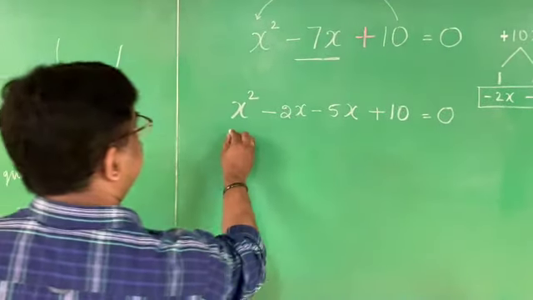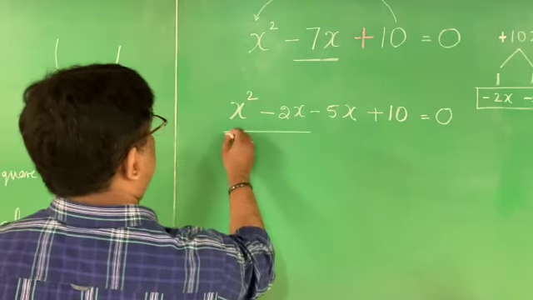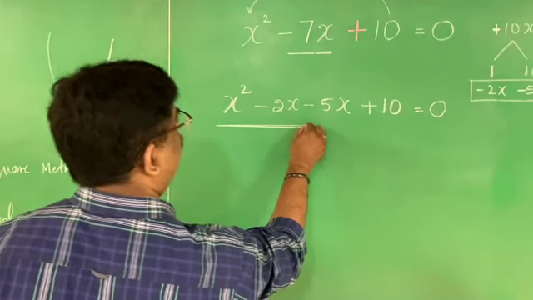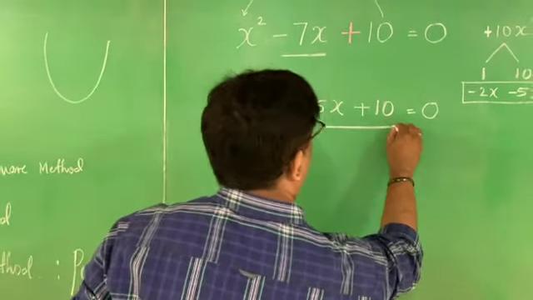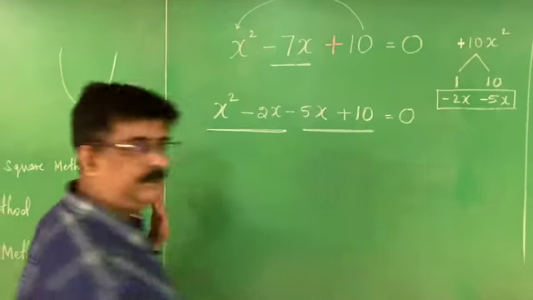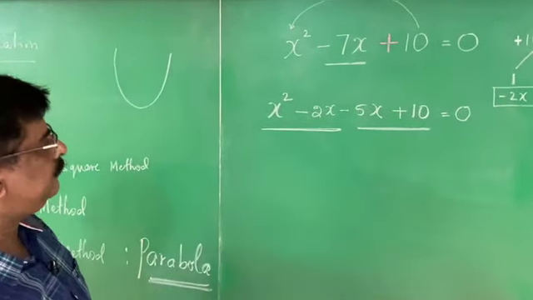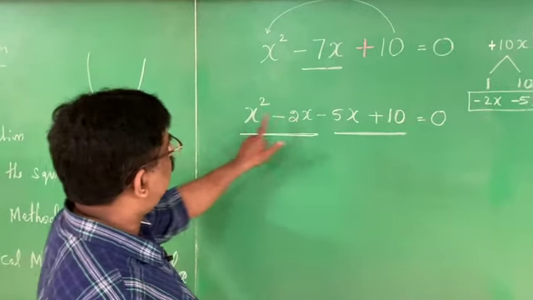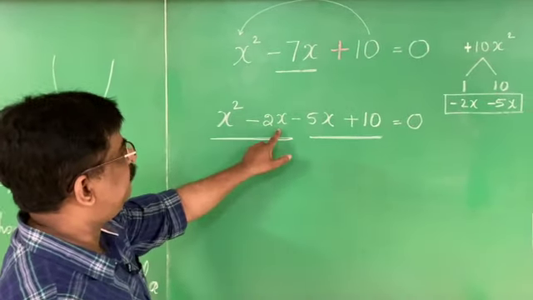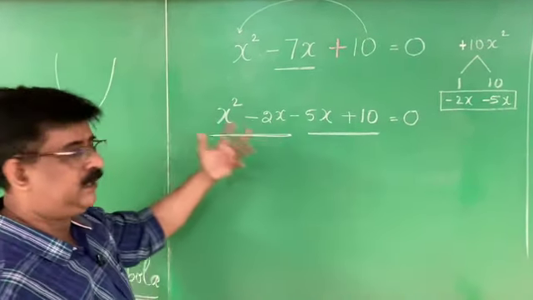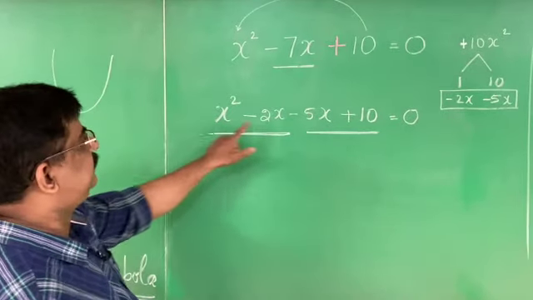Now what I do is, first 2 terms, 1 group, last 2 terms, 1 group. Grouping. Between the first group, which is the common factor? It should be there in both the terms. x is there.